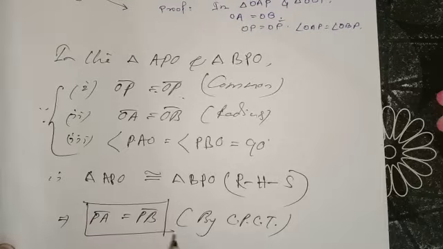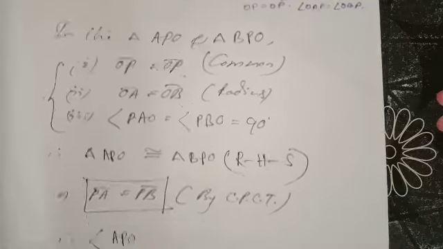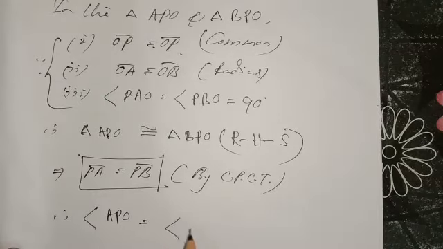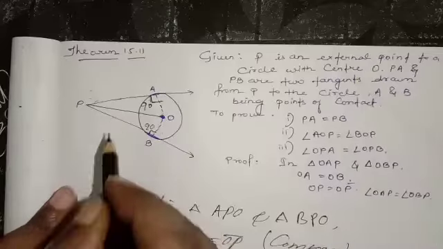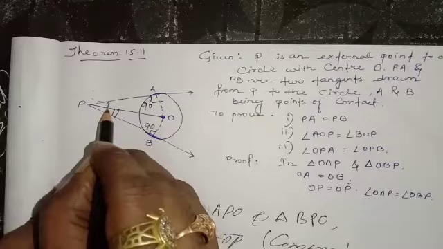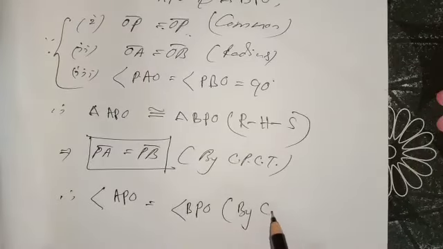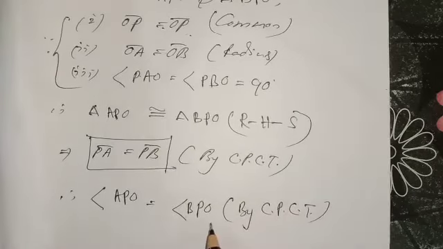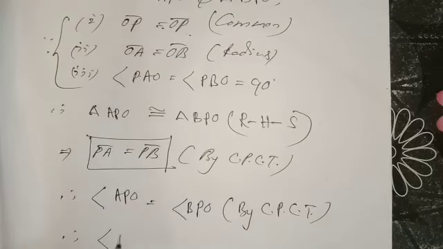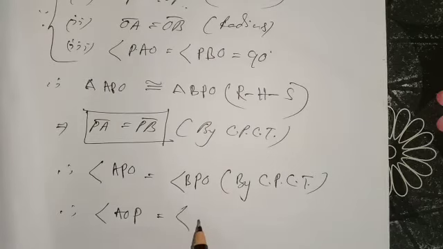In addition, you can get angle APO is equal to angle BPO. See the figure, this angle is also equal to this angle. Why? By CPCT. After congruence you can write the remaining parts of the triangles will be equal. Angle APO is equal to angle BPO, and also angle AOP is equal to angle BOP.